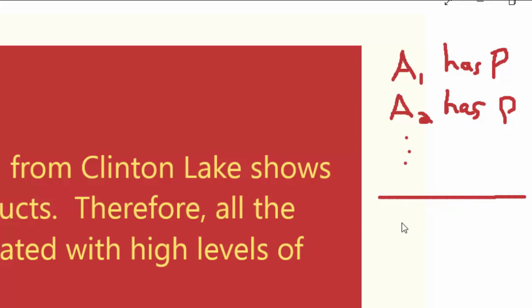And as a result, you end up concluding something to the effect of: all A's have P.